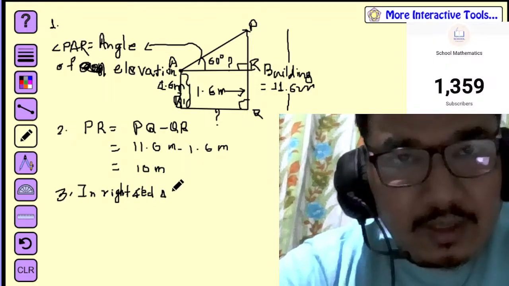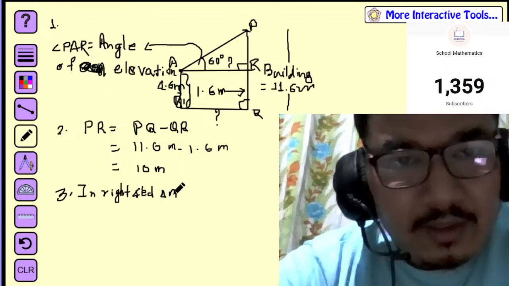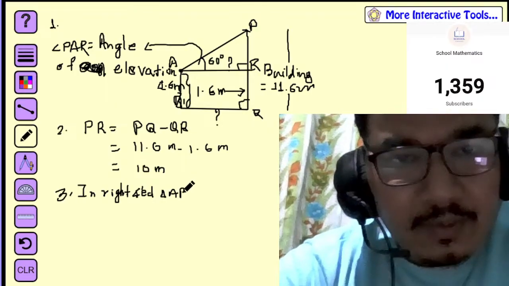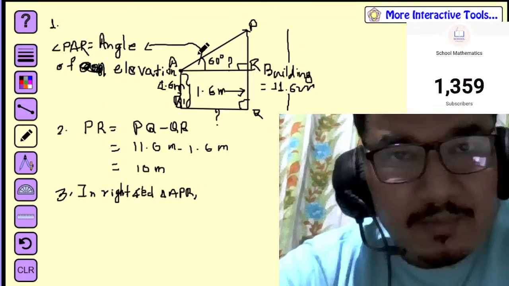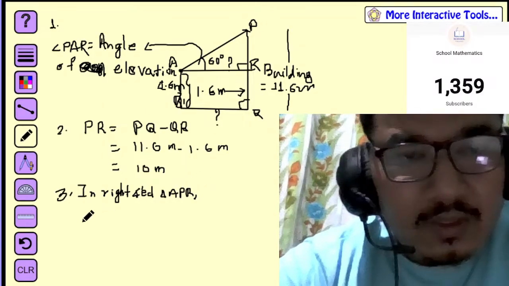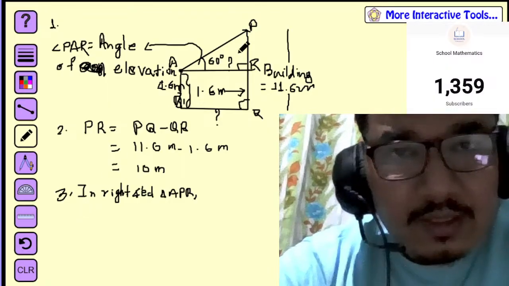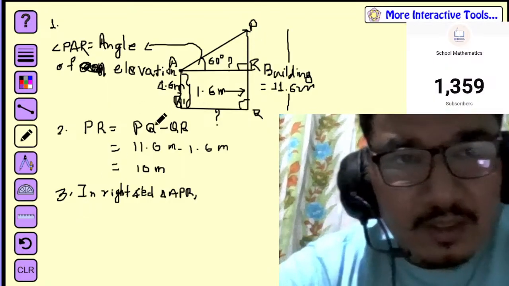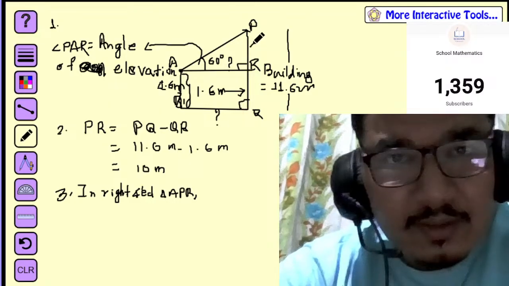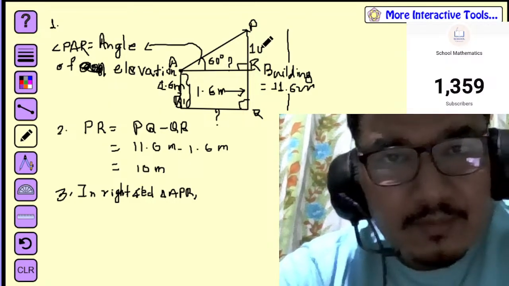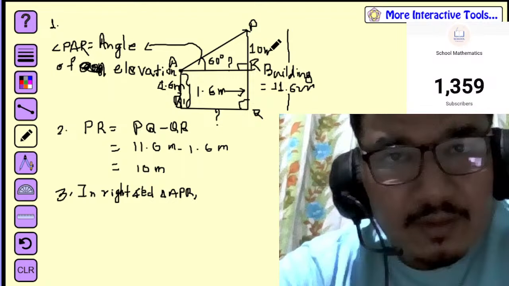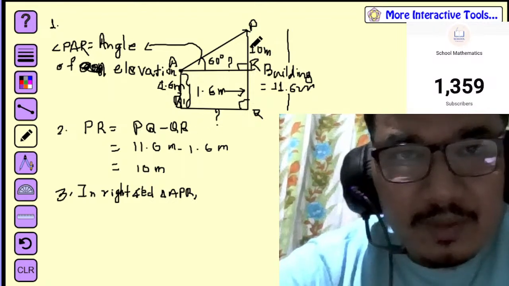If you write the right angle triangle APR, now what is there? This value you know already. PR we already found; it is 10 meter. Then this is the perpendicular and this is its base.